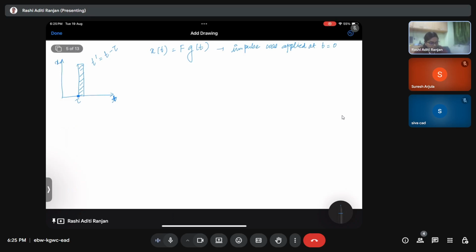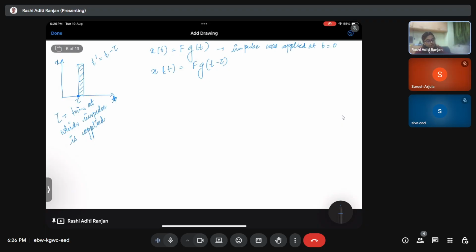Okay, so then my solution x of t becomes F into g of t minus tau, where tau is the time at which the impulse is applied.